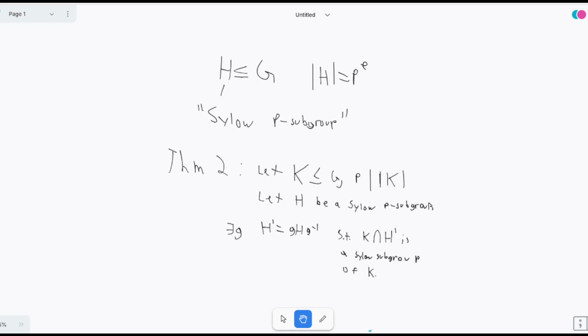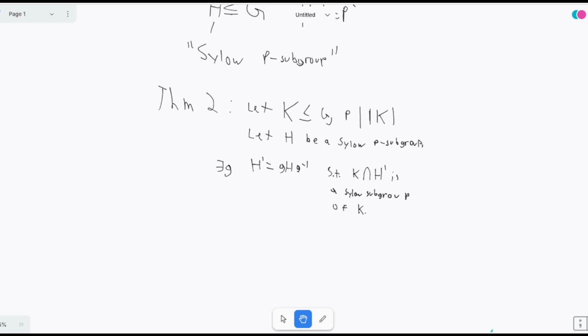Just reorder that. Okay, so yes, I'll talk about the proof of this in a little bit, until after we've proven the first one.